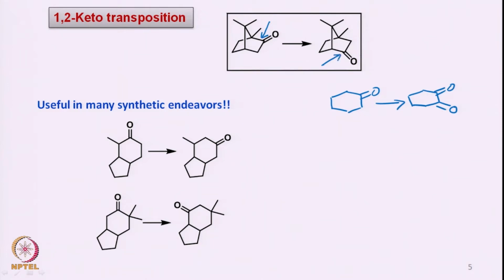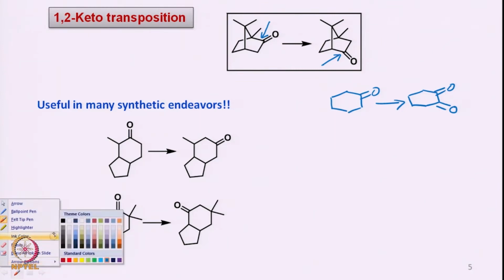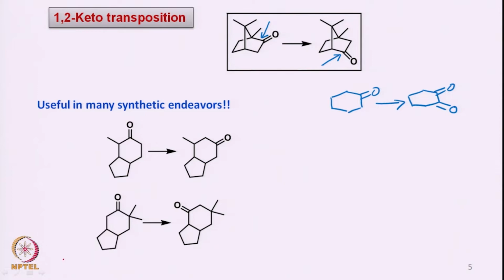Now this is very important mainly because in many of the transformations, what is required is conversion of one keto position to the next keto position.